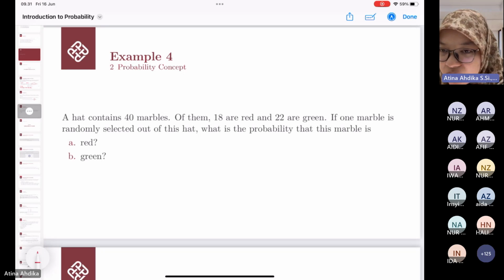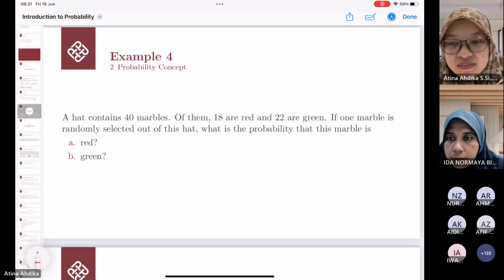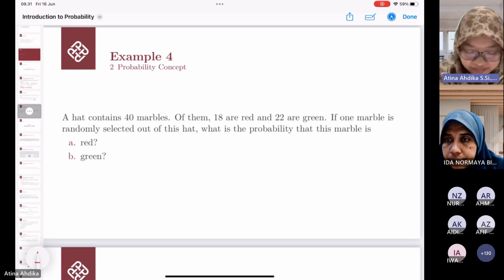Please, maybe Nur Amalina binti Zulkifli. Nur Amalina, can you answer my question? What is the probability that the selected marble is red? Yeah, please answer.